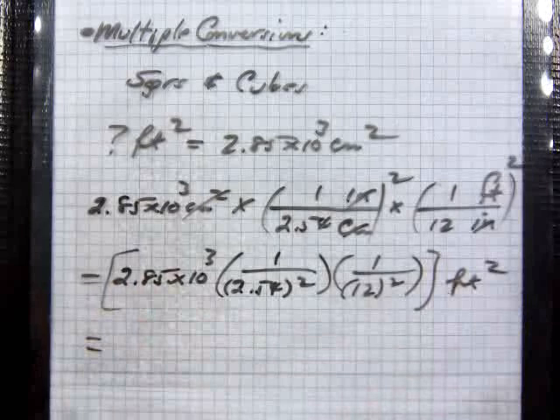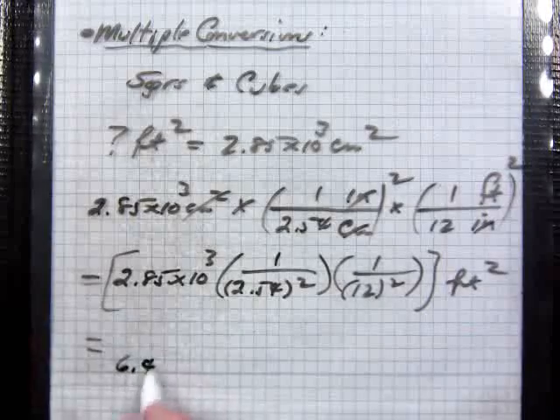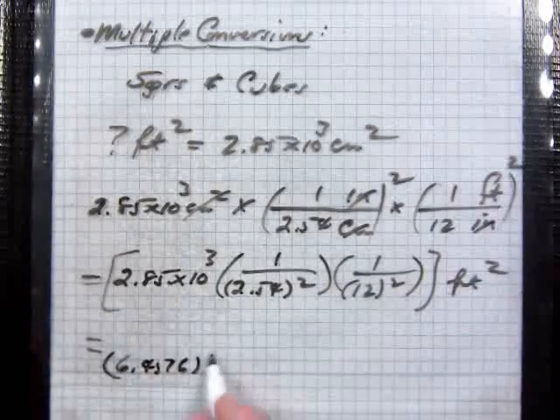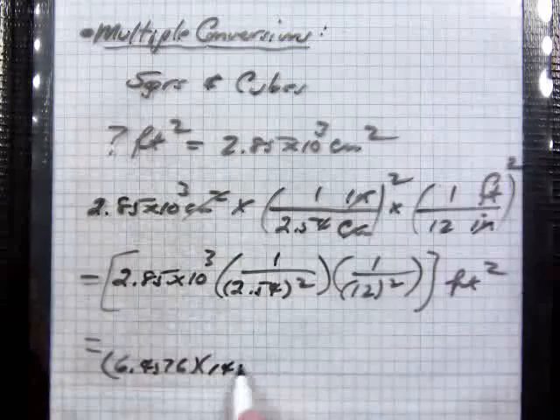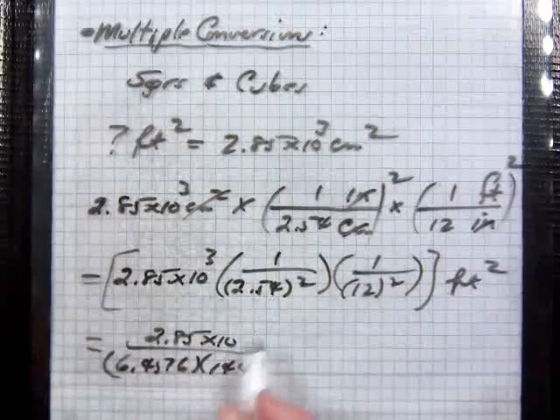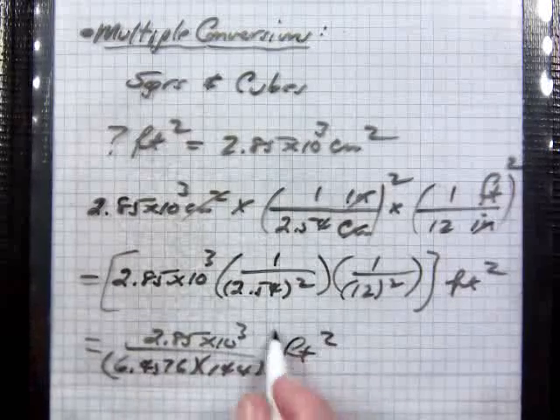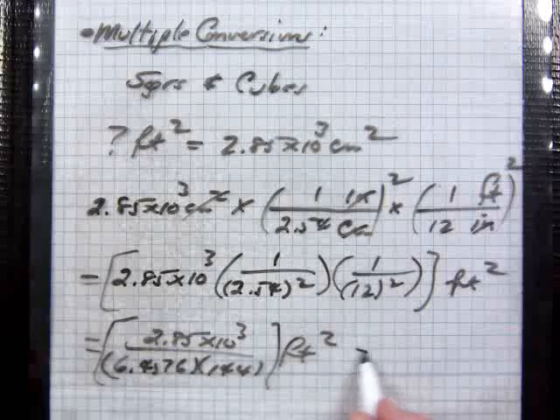Stringing this out, this will be 6.4516, and 144, divided into 2.85 times 10 to the third, and that's square feet.